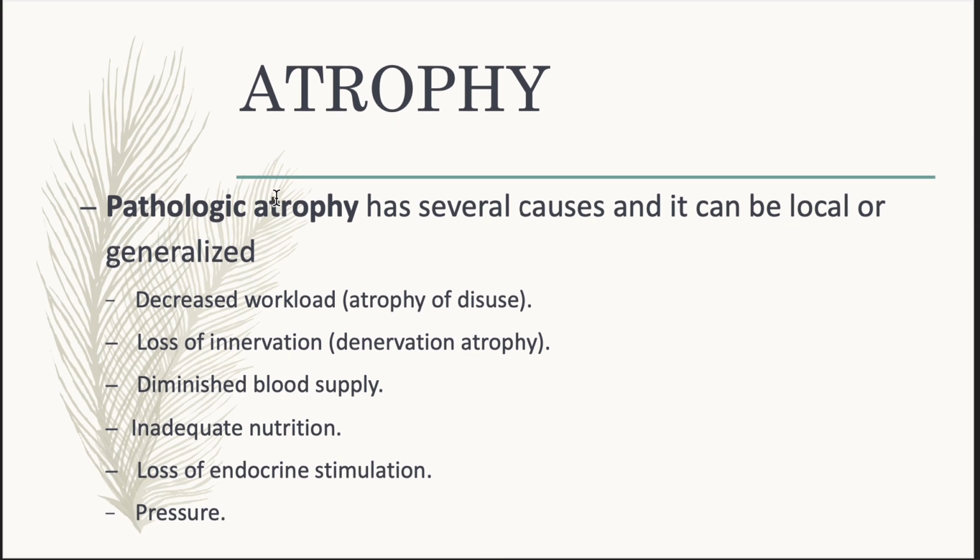So, pathologic atrophy has several causes and can be local or generalized. So, first is decreased workload, atrophy of tissues. So, for example, ako sa una, na-dislocate akong tuhod. So, naka-wheelchair ako for 2 months or 1 month.